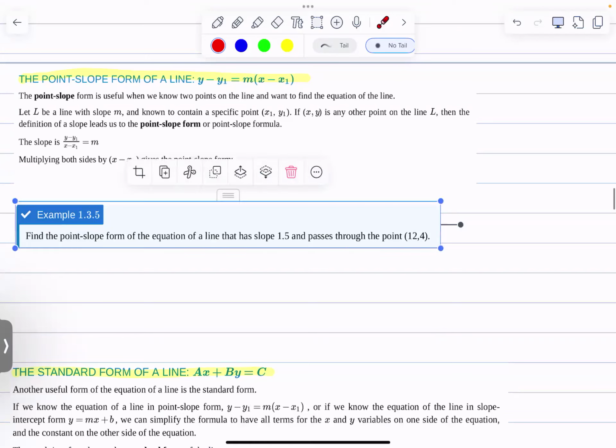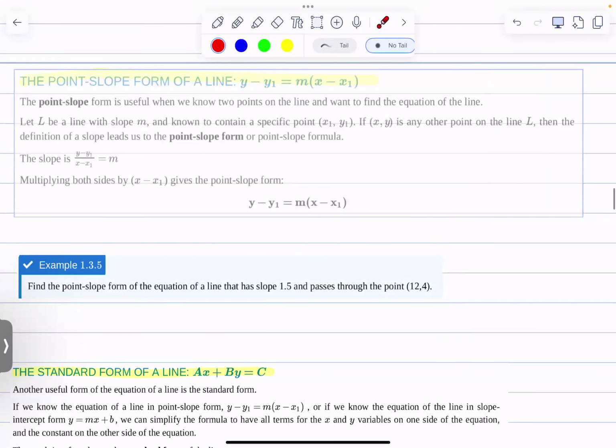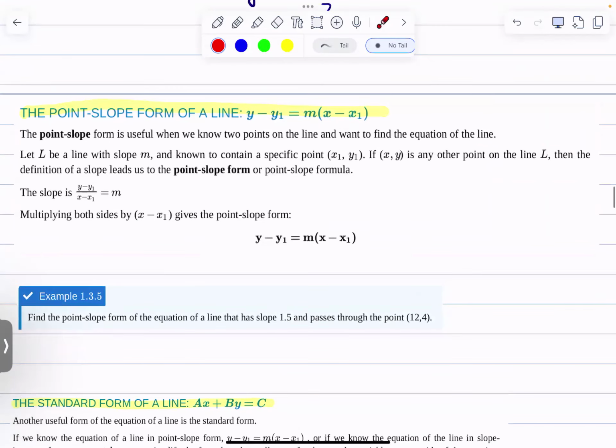So, let's see here. The point slope form of a line looks like this. y minus y1, okay, we've seen y1 before, that's a y coordinate in a point, is equal to m, we've seen m before, that's the slope, times x minus x1, which must be the x coordinate for this y, right?